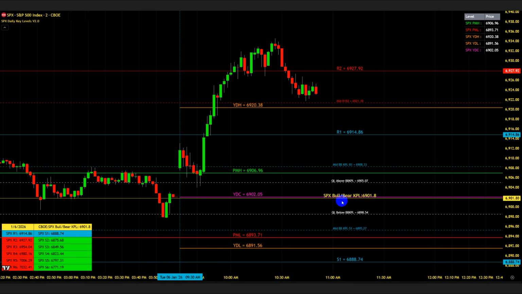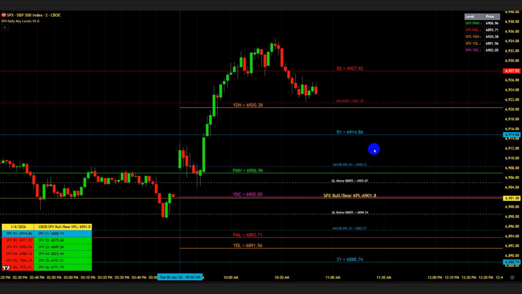The other main key levels that the indicator gives are the R1 through R6 levels above the bull bear key price level, and the S1 through S6 levels below the bull bear key price level. Now with this particular indicator, you can take bullish or bearish trades off of any of the main key levels.